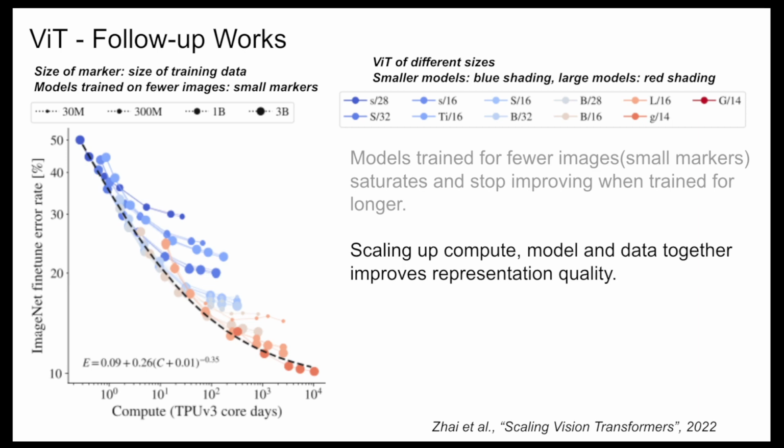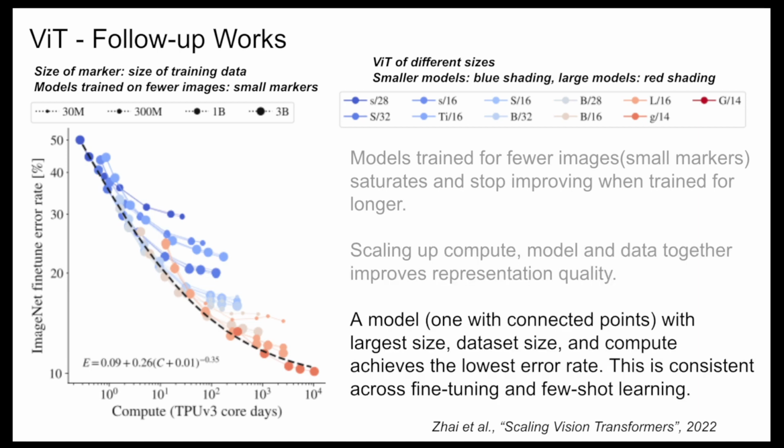All these red shaded dots are the big or large models. So if you increase compute, use a large model and increase data, the big dots, it improves the representation quality.